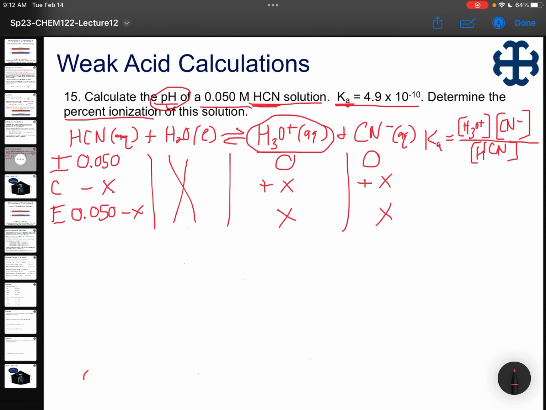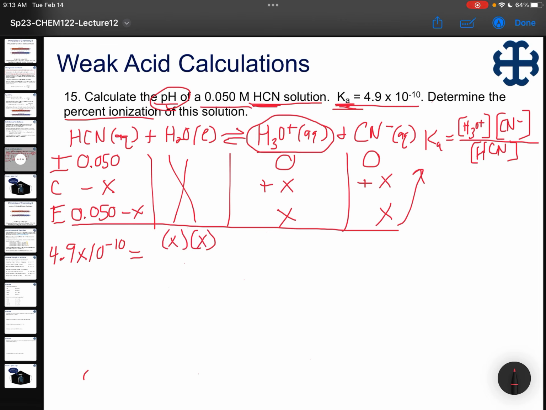Then, if we want to solve for these values, we plug in our Ka as well as the information that is found in our equilibrium row into our Ka expression. And so our Ka is 4.9 times 10 to the minus 10th. That is going to be equal to x times x, which we could also call x squared, over 0.050 minus x.